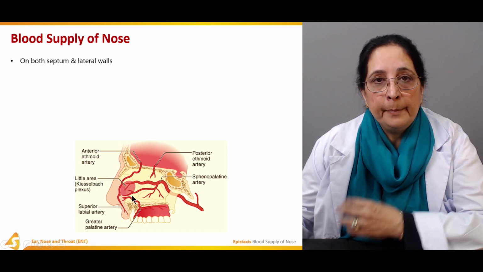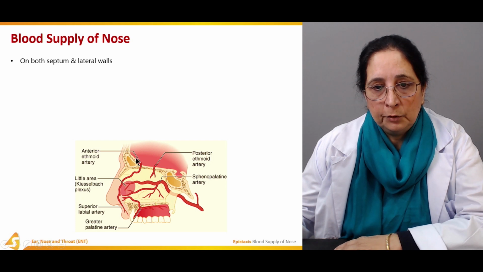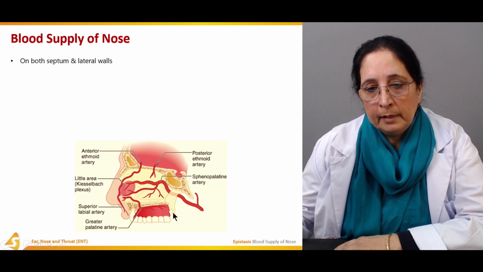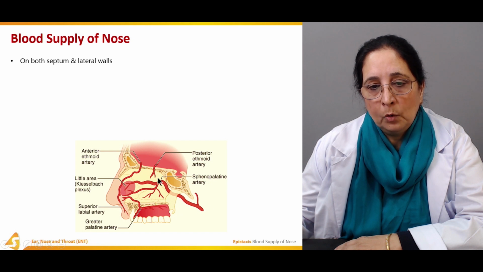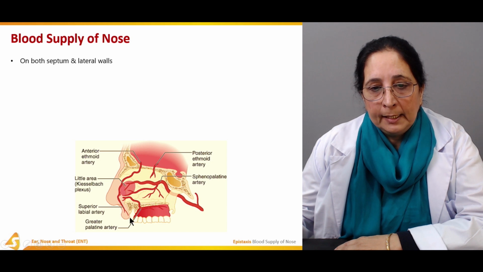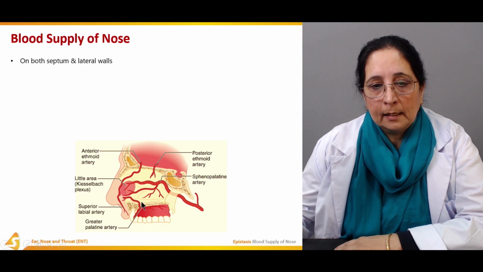Here we have the four major blood vessels: the anterior ethmoid artery, this is the anterior ethmoid artery, then we have the sphenopalatine artery, superior labial artery, and then greater palatine artery.